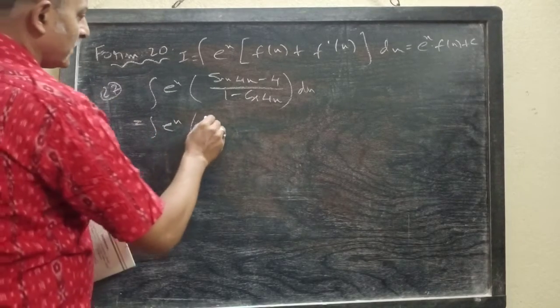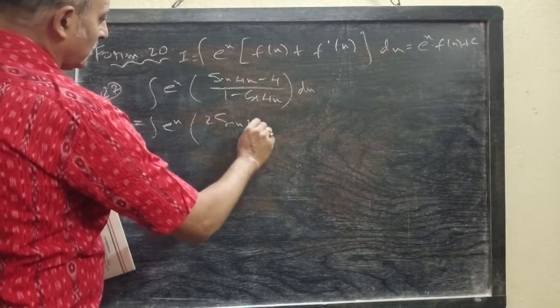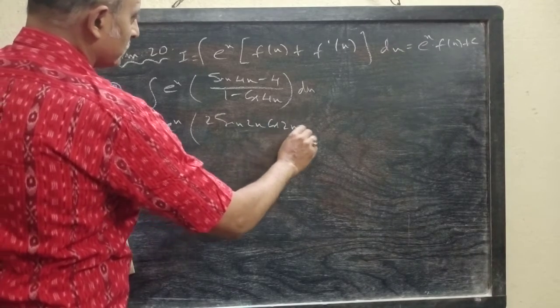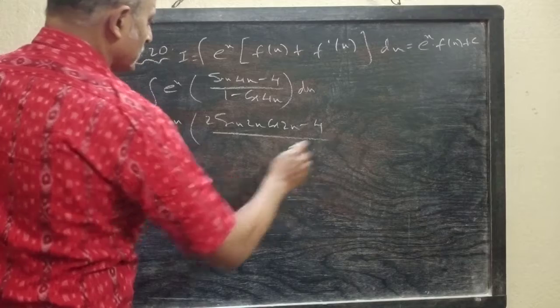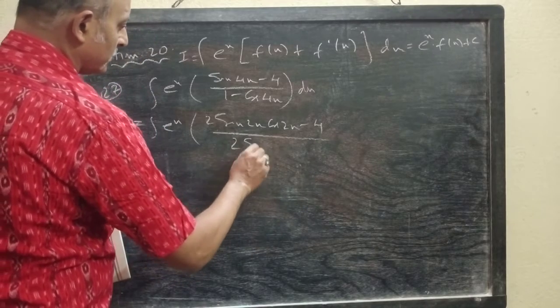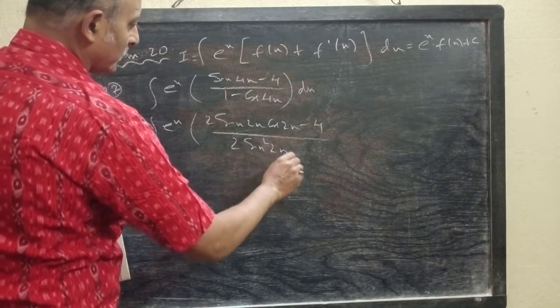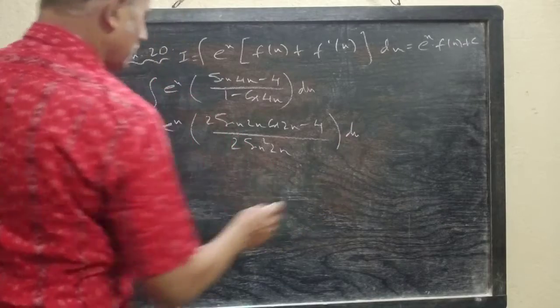What is sin 4x? Sin 4x is 2 sin 2x cos 2x minus 4. 1 minus cos 4x is 2 sin square 2x dx.